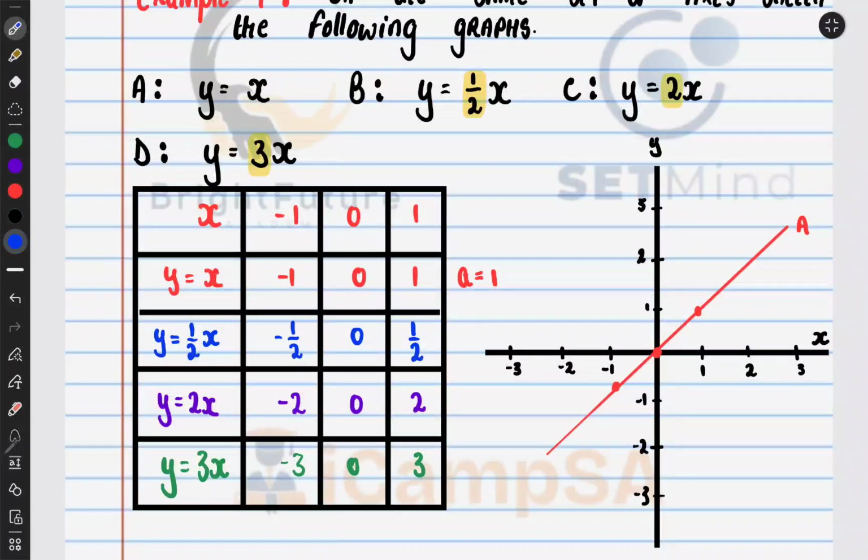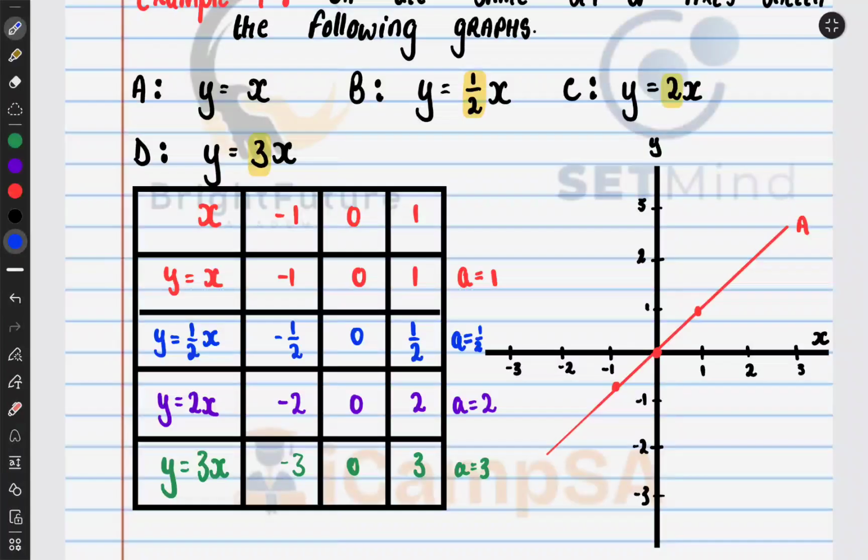And then for the second one, a is equal to the coefficient of x here, which is 1 over 2. And then for the third one, the value of a, the coefficient of x, is 2. And then for the fourth one, a is equal to 3.